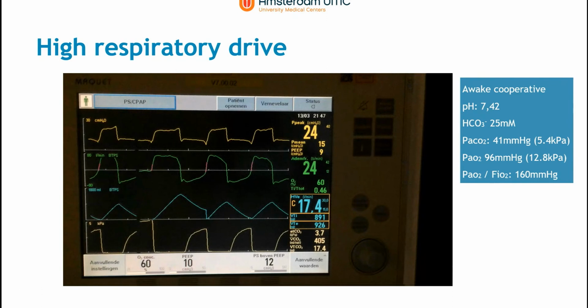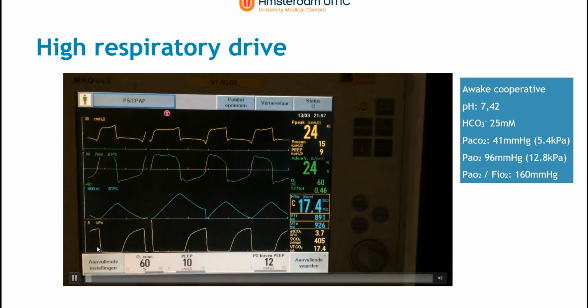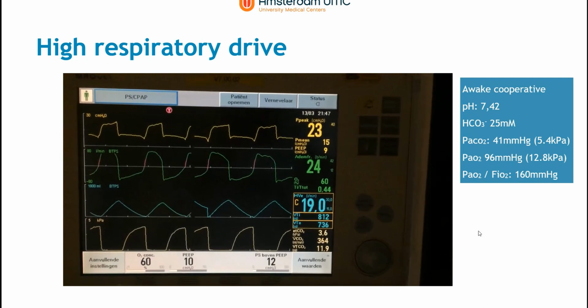And this is his ventilator. Right here, 12 of pressure support, 10 of PEEP. And right here you'll see the tidal volumes. Predicted tidal volumes at 6 ml per kilogram would be 450 ml or so. Let me see if I can start a video. We don't need the sound, I guess.